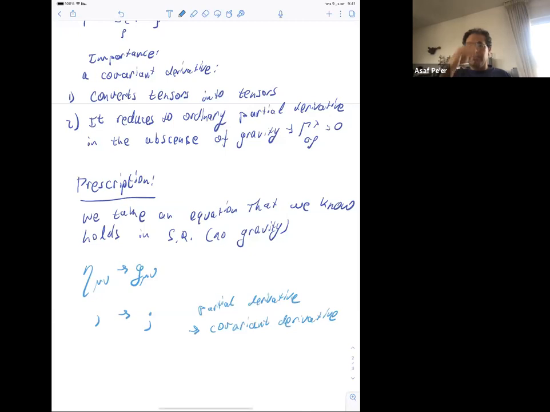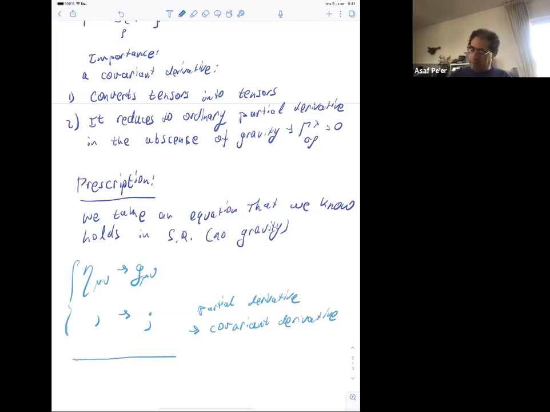And that's it. So the resulting equation that we're going to get is generally covariant. It's true in the absence of gravity. So according to the principle of general covariance, it's going to be true in the presence of gravity as well.